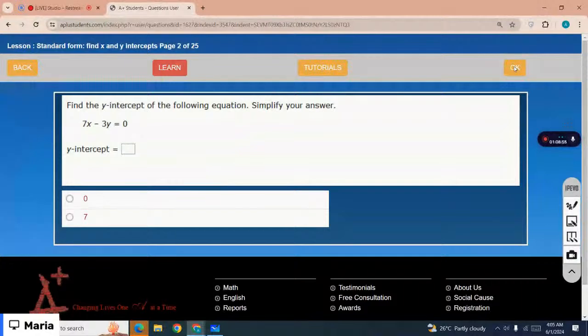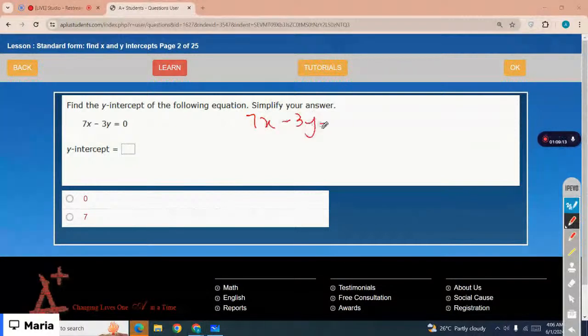Find the y-intercept of the following equation. Now we have to find the y-intercept. For the y-intercept, we always put x equals 0 in the equation. The equation is 7x minus 3y equals 0. You have to find the y-intercept. That means you need to put x equals 0. 7 times 0 minus 3y equals 0. 7 times 0 is 0.